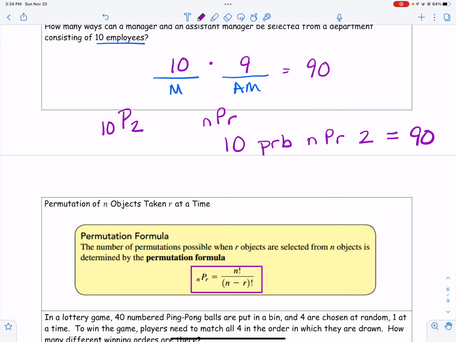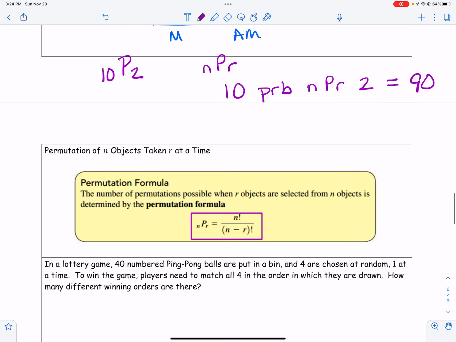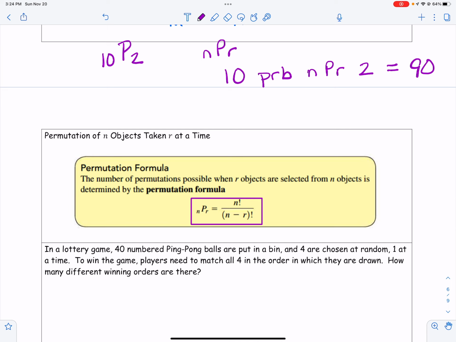Now, it depends on what version you have for the TI-83 or 84, because some of them have been updated where all you have to do is go to the PRB function and then hit the number of items that you have and then hit the number of items that you're choosing. But you can always revert back to this formula where we have n factorial over n minus r factorial.